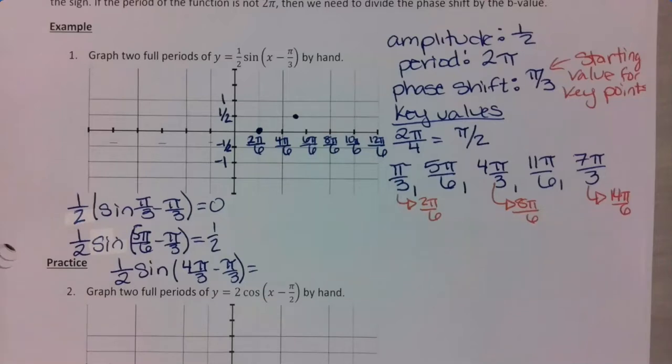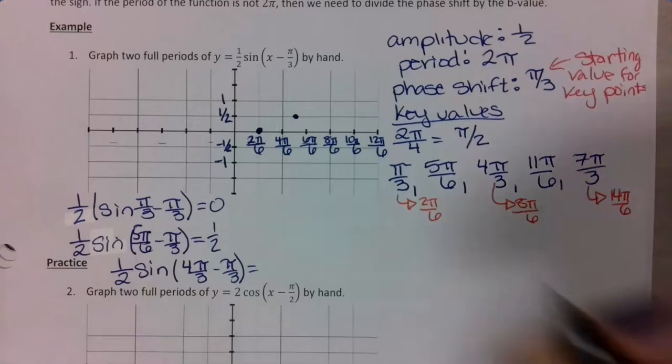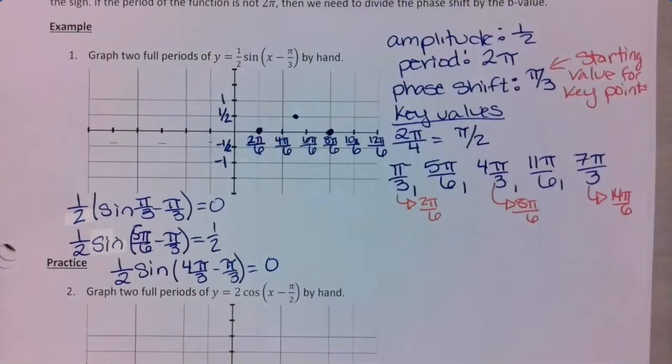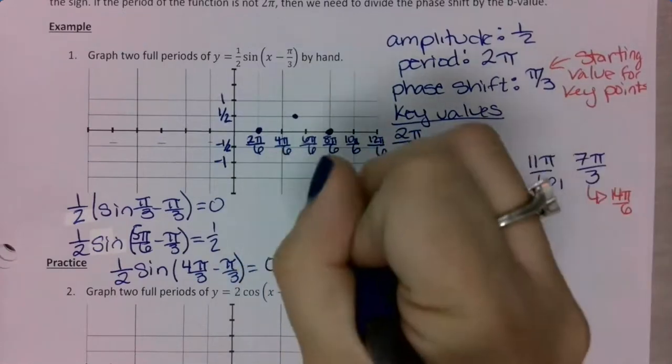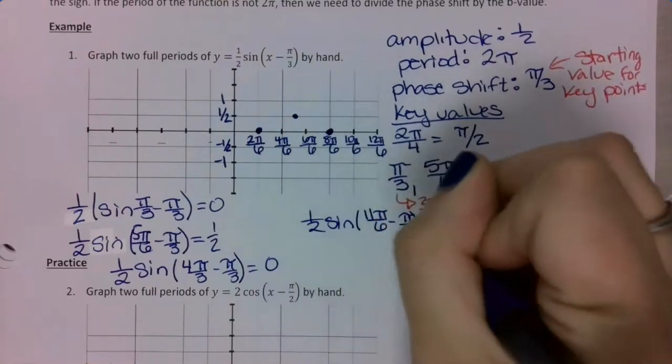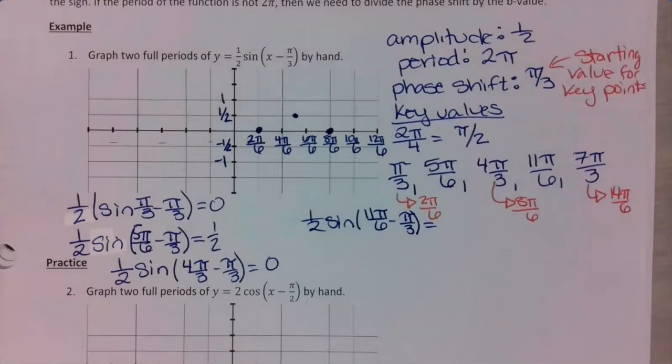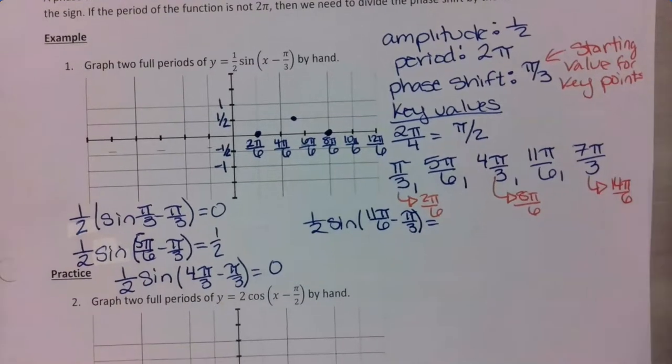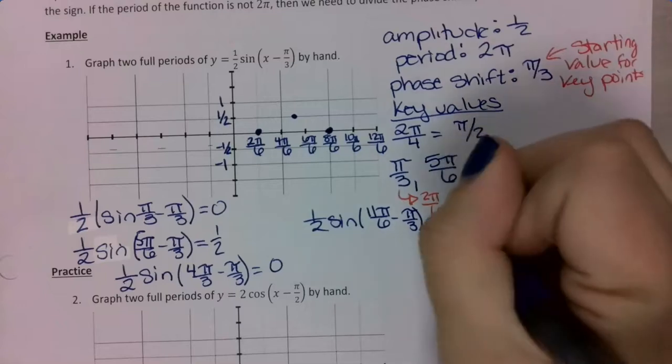Which gets us 0. Then I'm going to do the same thing for my next value, which is 11 pi 6. Which gets us what? -1/2.